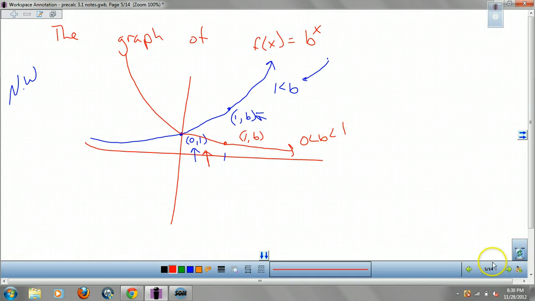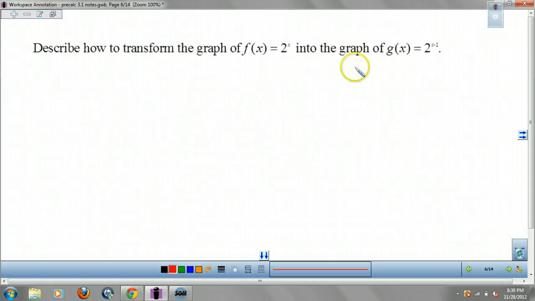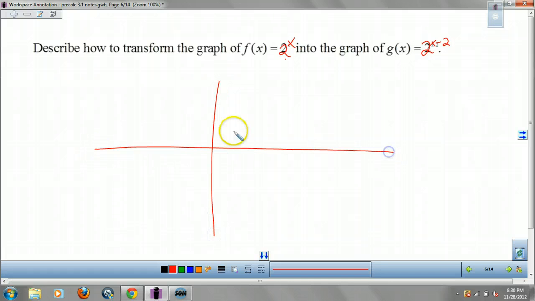Let's take a look at an example. Let's say you're transforming the graph of 2 to the x into the graph of 2 to the x minus 2. Well, 2 is bigger than 1, so I know that it's a growth, so it's going to look like this.